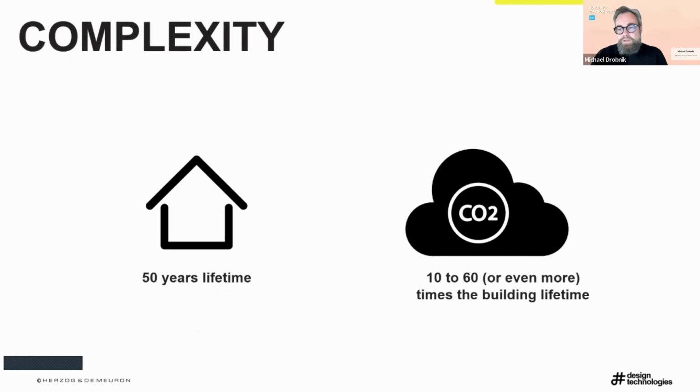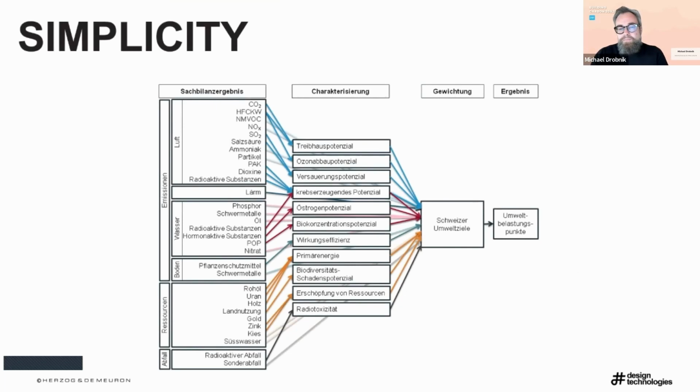Where's the complexity? When we calculate a building that lasts maybe 50 to 100 years, with sequestration, can we take that into account? Is the formula right? Is the training set of an AI right? There are a lot of complex questions, and maybe we have to find simple solutions to be able to make the right decisions in an early design phase.